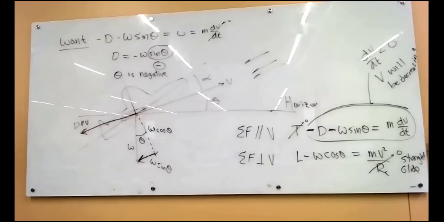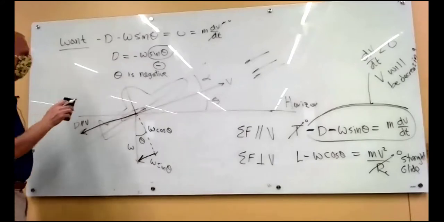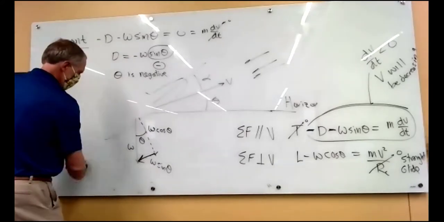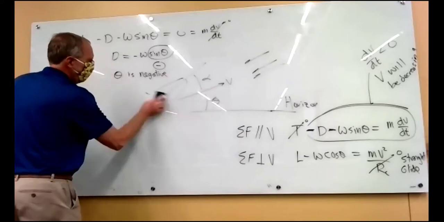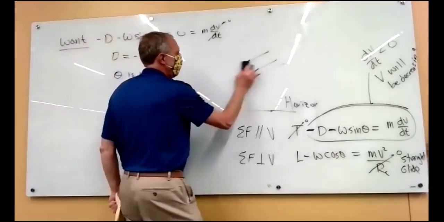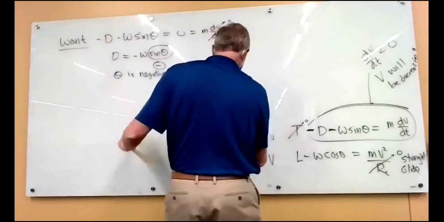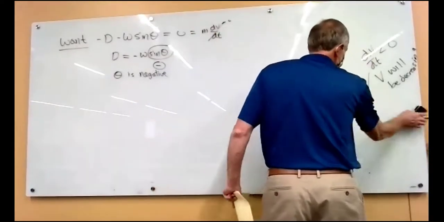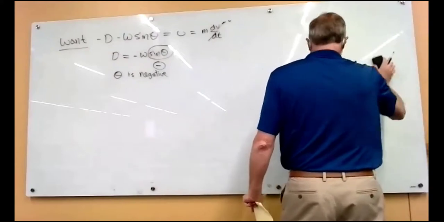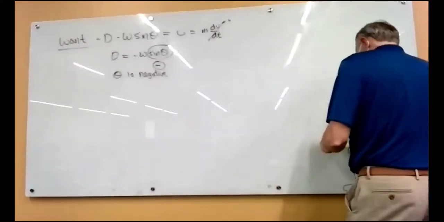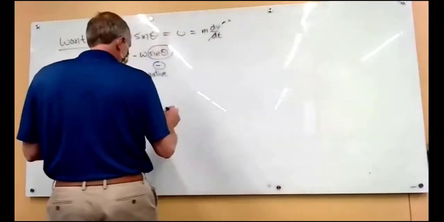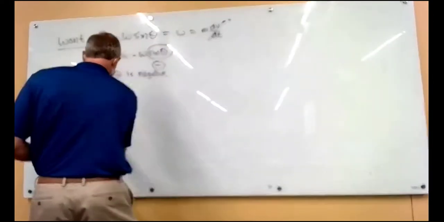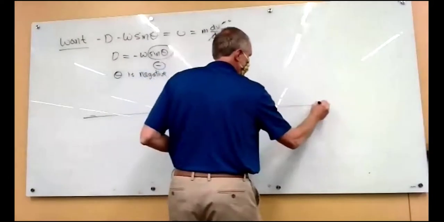The book draws a picture of this diving down for a gliding flight, so I want to redraw that so that you can see how the components work on that picture. But the equation says, yeah, this is going to work. So let's tilt the airplane down. So we still have the horizon like this.